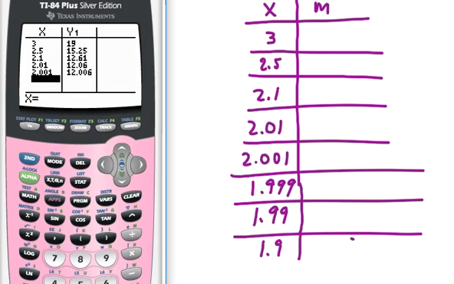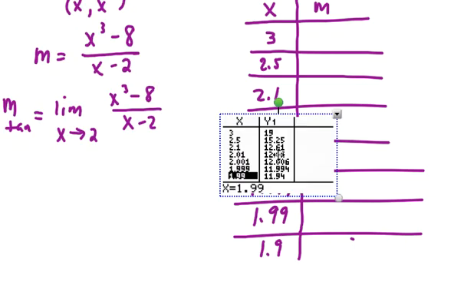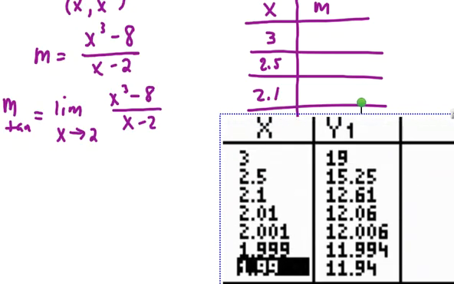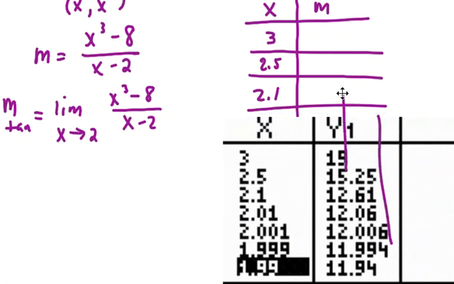Okay, and I could also type in 1.999, 1.99. Okay, and you can see there's that same table all done out for me.